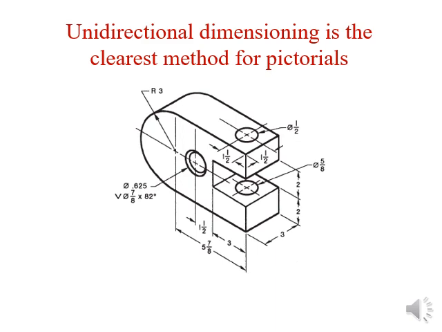Okay, so after you're finished with your sketches, if you wanted to, you could add your dimensions to them. When you add dimensions to pictorials, it's easiest to use unidirectional dimensioning.